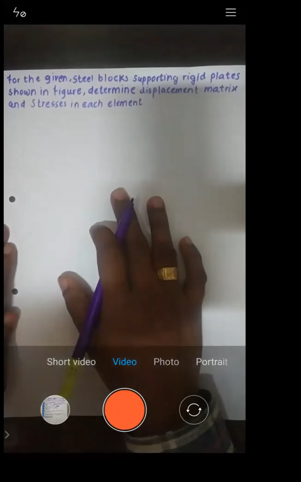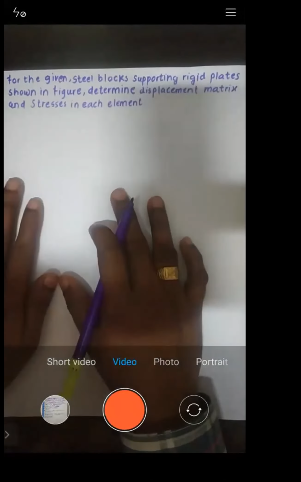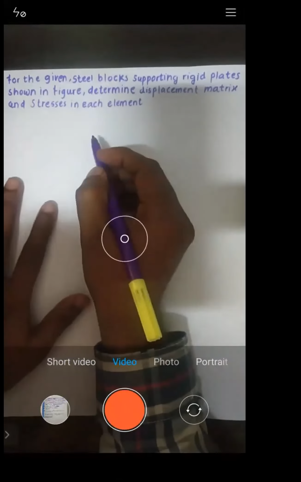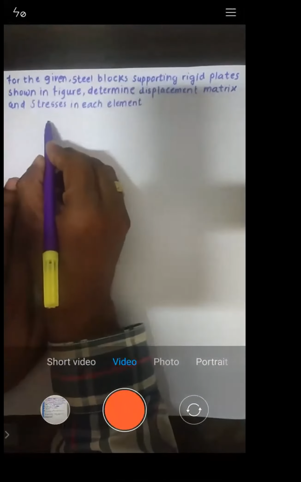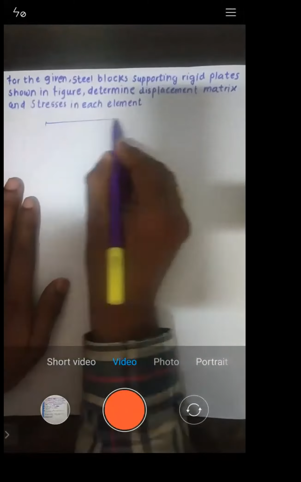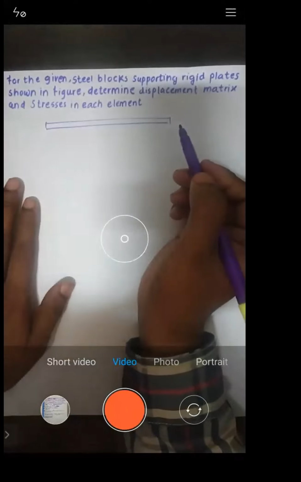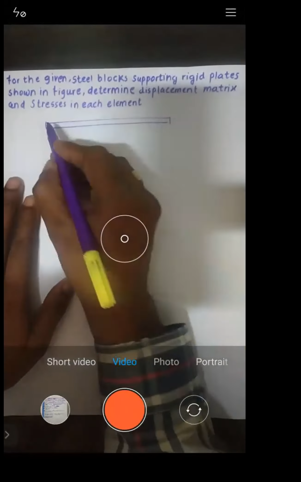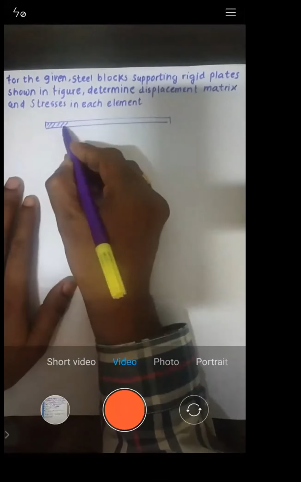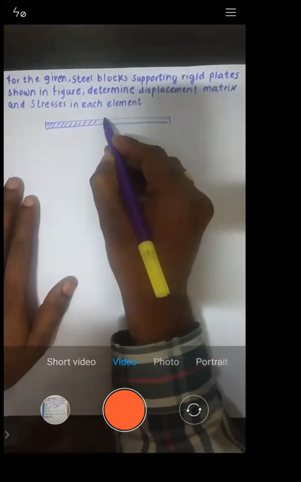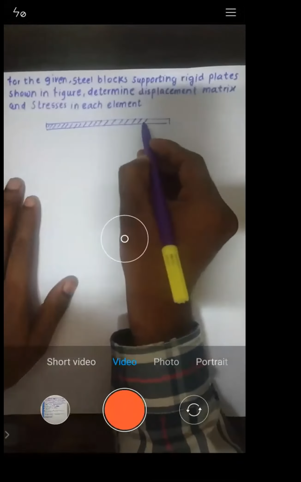So see, just see the diagram what is given. All of you see this diagram. So this is basically your steel plate, which is being supported by the blocks.